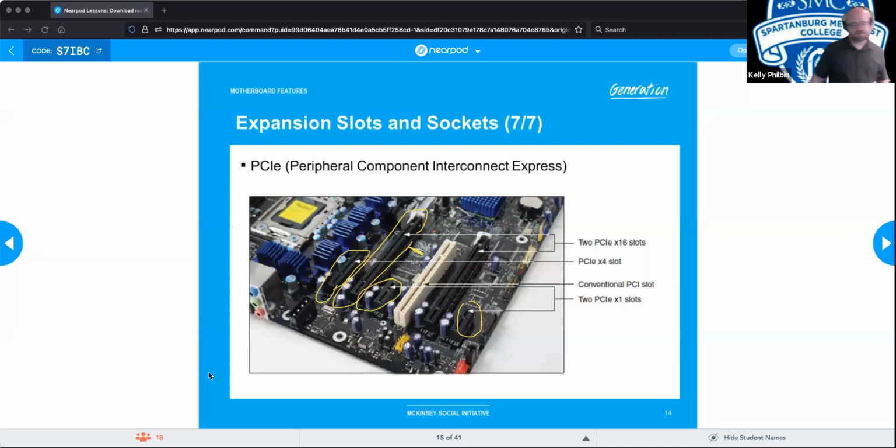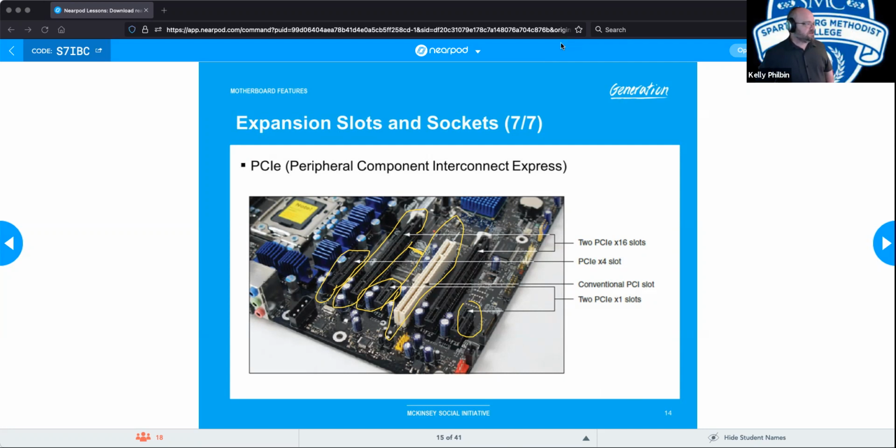So we pay attention to the actual connectors that we are using, and make sure we're using the correct slots. And then here we have a cream colored PCI slot, which is that legacy technology that is kind of working its way out, though they will oftentimes put in at least one on an ATX board just in case.